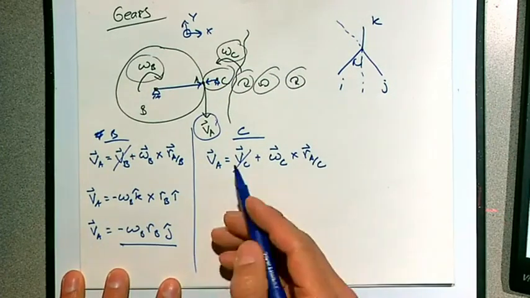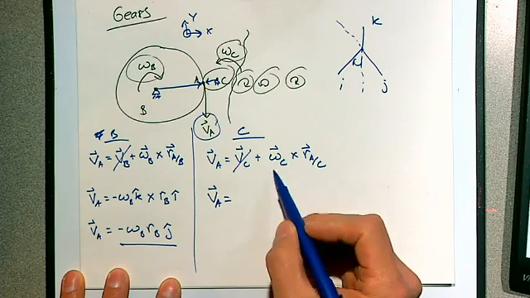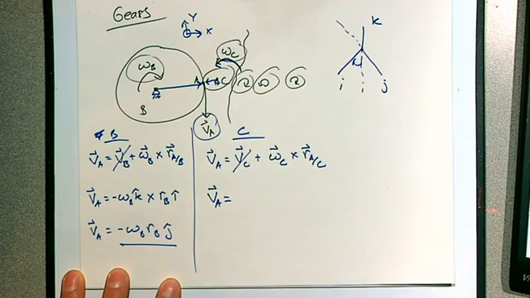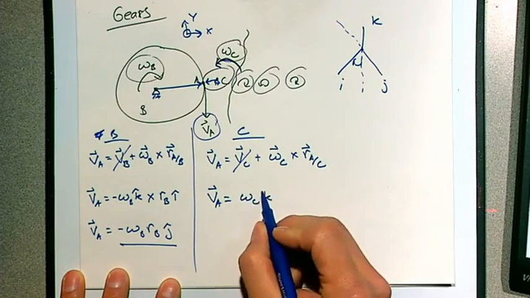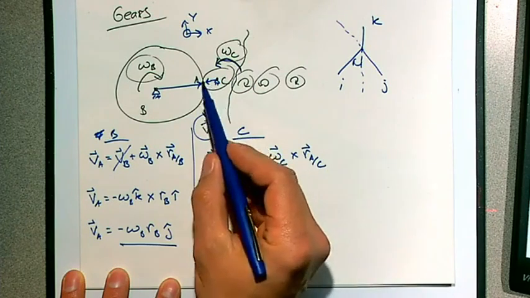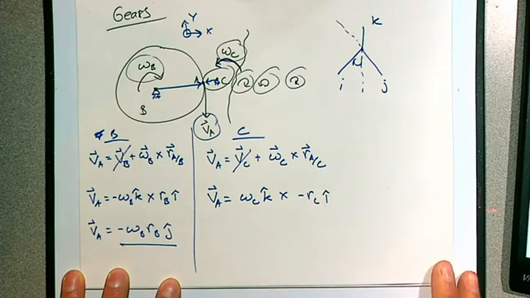Do that same thing one more time, but on the other side. Now, omega c, I've got this drawn in the positive k direction. So that's omega c in the k, crossed with my vector from C to A. That's minus r c in the i direction, because it's going now to the minus i.